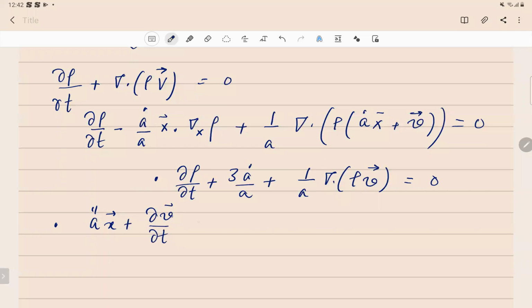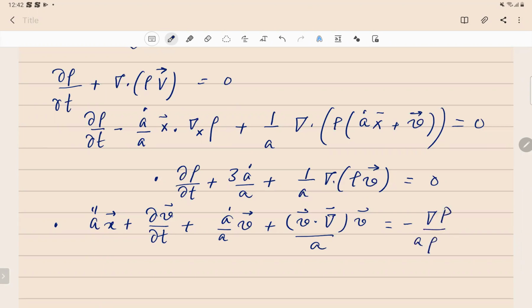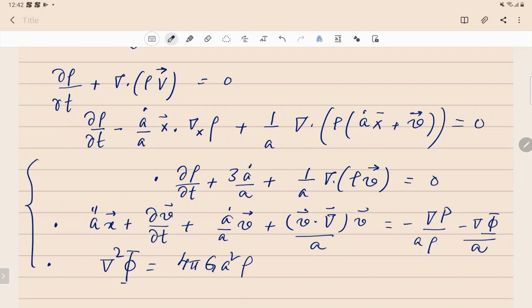Again, this is the peculiar velocity, plus (ȧ/a) times the peculiar velocity v plus (v·∇)v/a equals minus ∇P/(aρ) minus ∇φ/a. And also you have the Poisson equation, which now becomes ∇²φ equals 4πG a² ρ. Now let's pause here for a while.